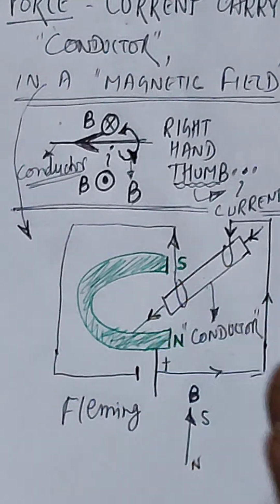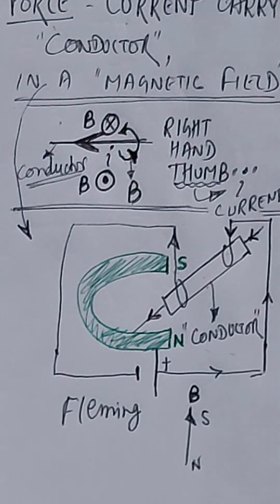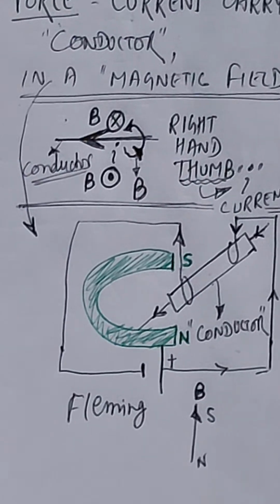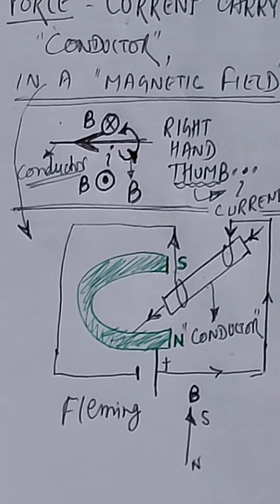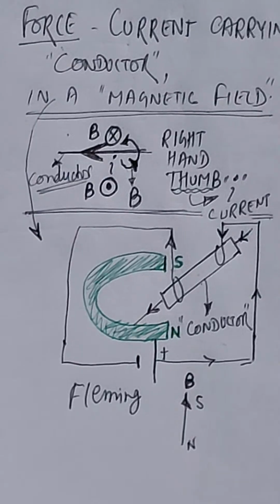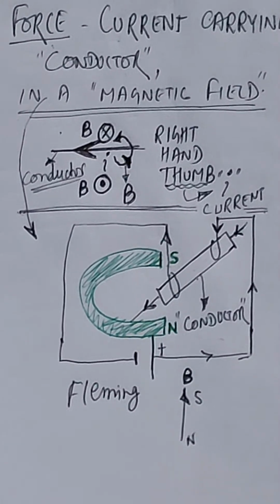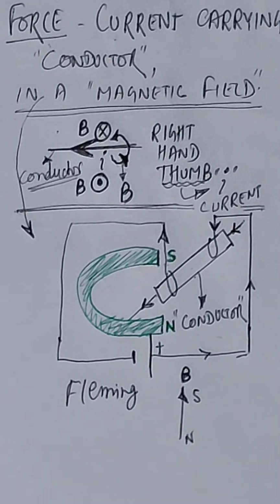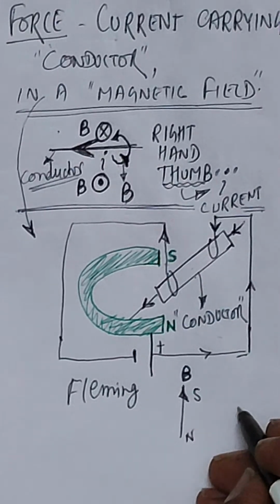First of all, what are the three things explained in Fleming's left hand rule? Try to understand. One is force, another is current, and the third is the magnetic field, right? So what does Fleming's left hand rule say?